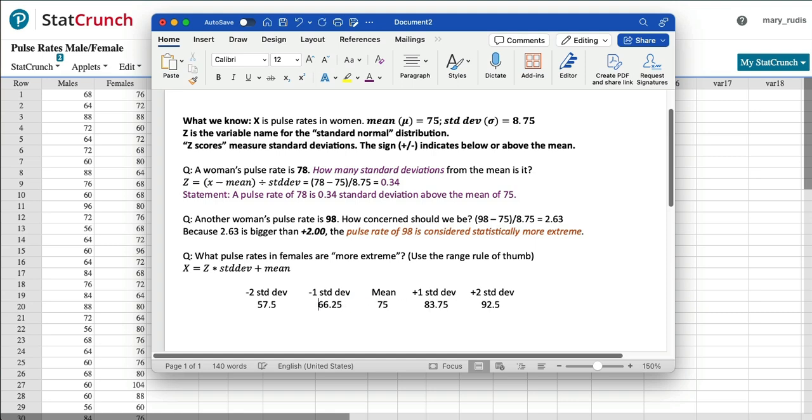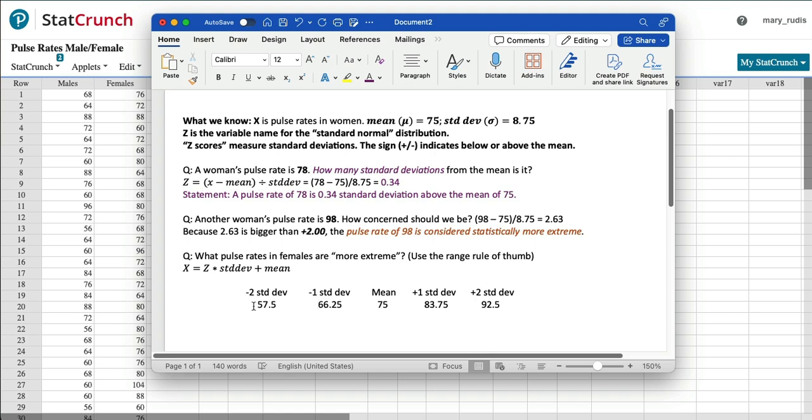There we go. So those numbers are now lined up. So now that's going to be the extreme in the other direction. So any pulse rate that's 57 and below, it would have to be below 57.5. So if you get a pulse rate that's 57, that's considered to be statistically more extreme. 56, 55. Those are extreme on the low end of the pulse rate scale.